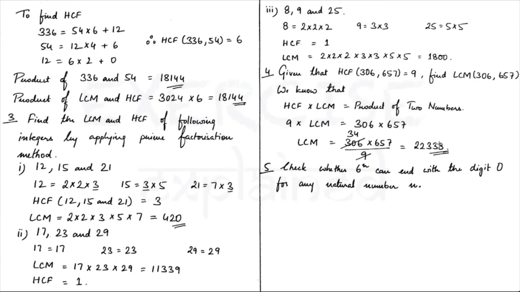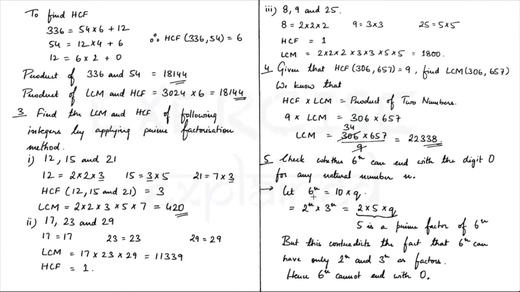Coming to question number 5 of exercise 2.2, real numbers. Check whether 6 to the power n can end with the digit 0 for any natural number n. So 6 can be written as a product of two prime factors, that is 2 into 3. So I would do that first. So you can see here (2 into 3) to the power of n is written as 6 to the power of n.